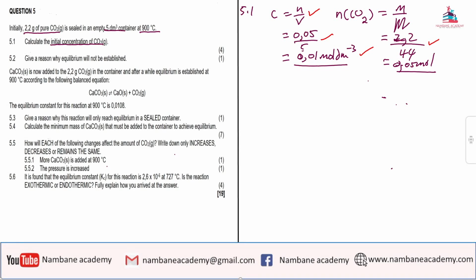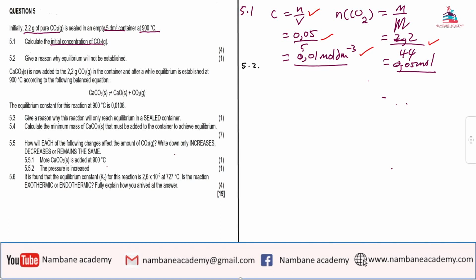And then we move to 5.2. Give a reason why equilibrium will not be established. What did we say the conditions for this particular equilibrium to be established?